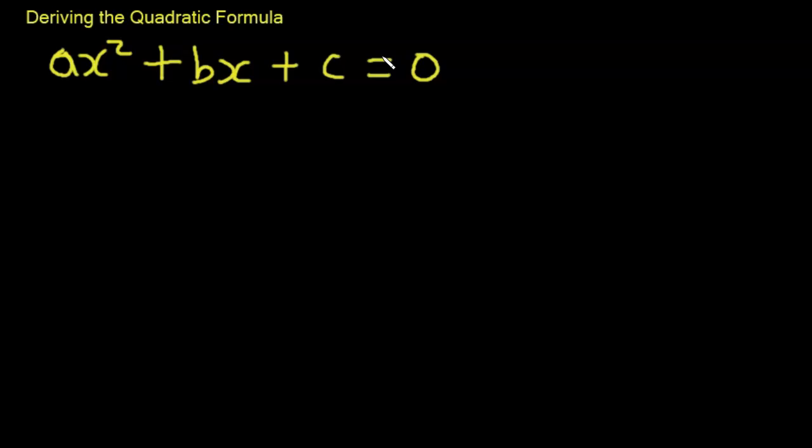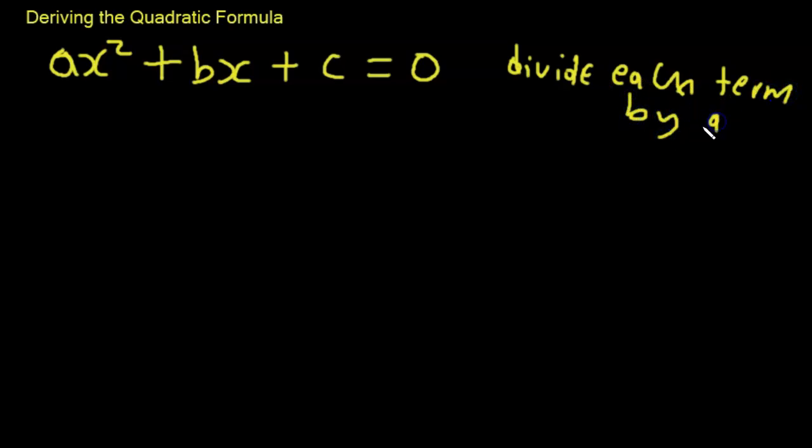But before we can complete the square, we need the coefficient of the x squared to be 1. And hence, we need to divide each term by a. So next term by a, and c over a, and 0 over a.